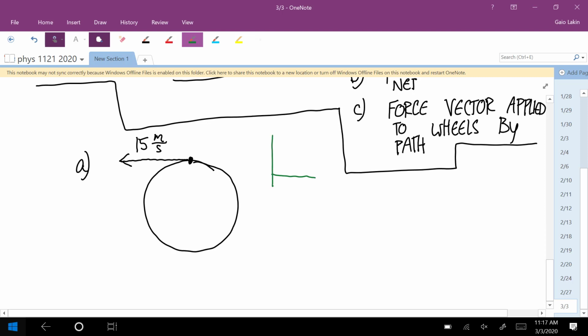I'm going to do my coordinate system in the usual directions. Since it's not changing speed at this instant, there's no tangential acceleration. There is a centripetal acceleration. And since there's no tangential, that's also the total acceleration.